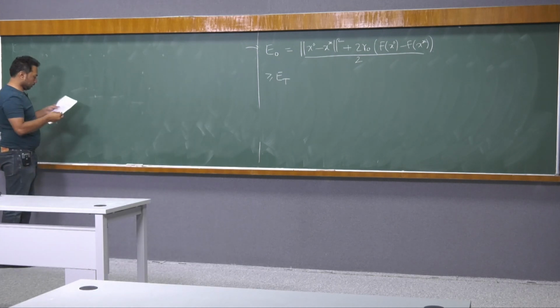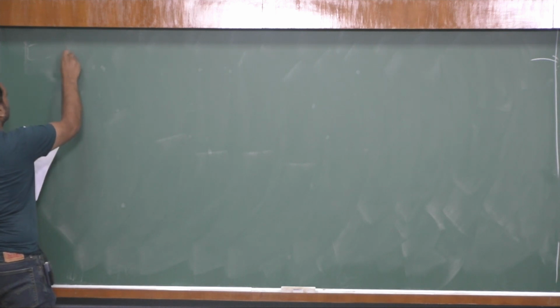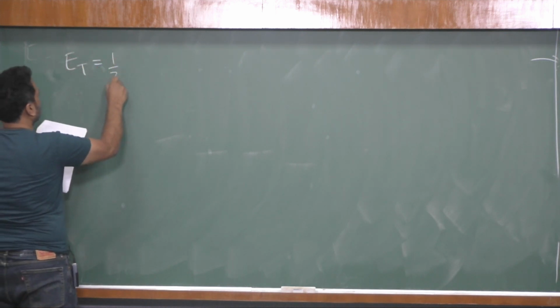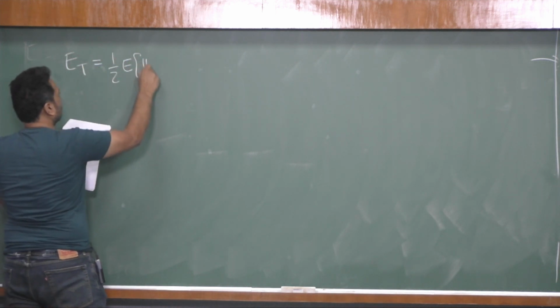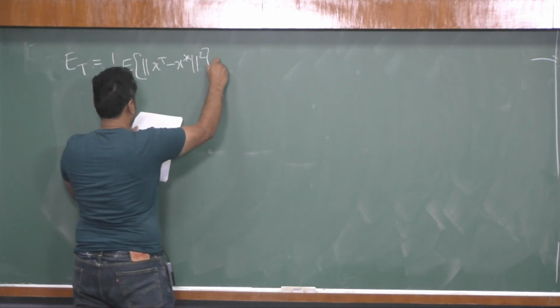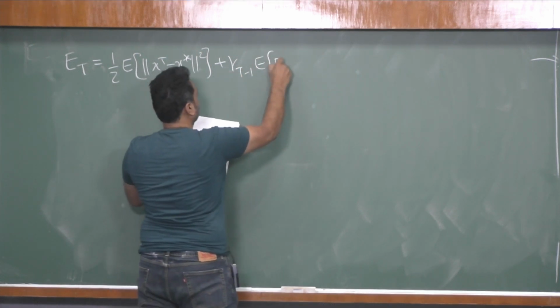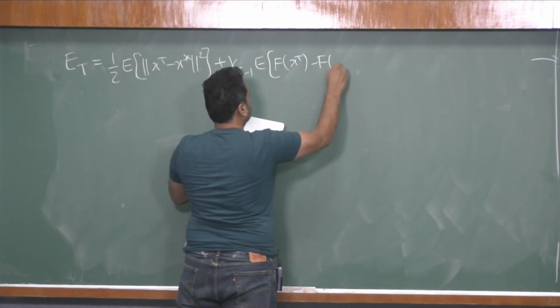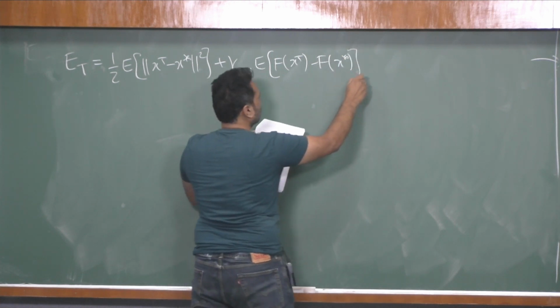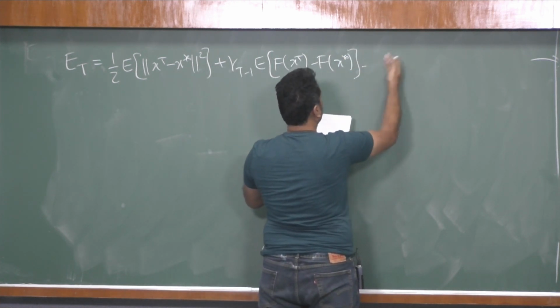Et, if you recall, was Et is half of expectation of xt minus x star whole square plus gamma t minus 1 expectation of fxt minus fx star plus sum of, let us do this sum here.